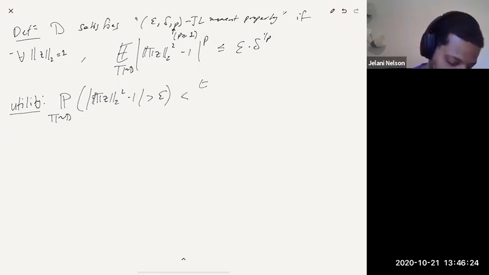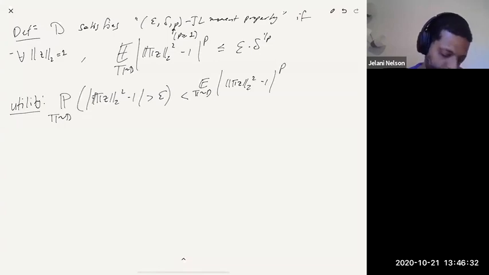This is at most the expectation over pi coming from D of the L2 norm squared of pi z minus 1 to the pth power, over epsilon to the p. Oh, and I should have said, this should be epsilon to the p times delta.